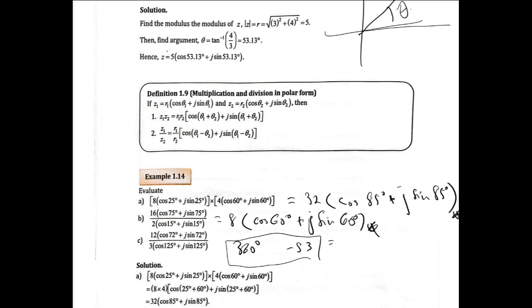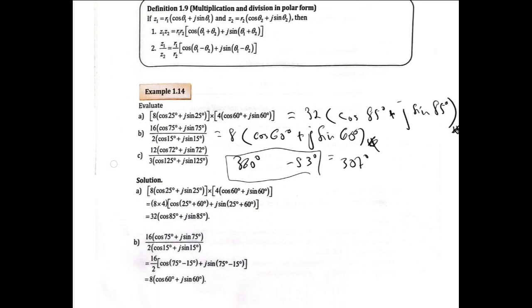So negative 53 degrees is actually equal to 307 degrees. If you want to write it in positive, we can write 307 degrees. That's why sometimes your calculator shows a negative angle, but it's still correct.